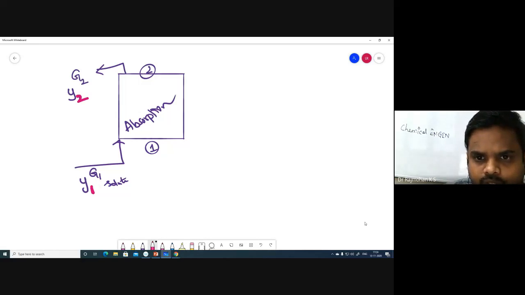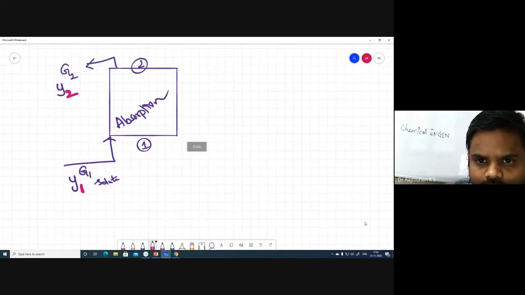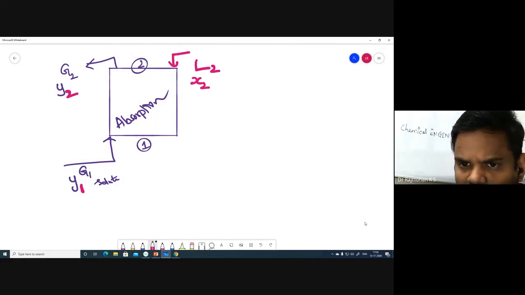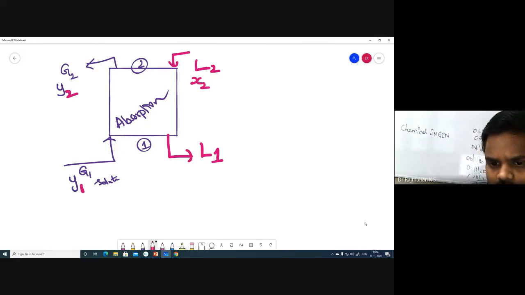Similarly, we have a liquid stream L2 entering, which has mole fraction of solute A, X2, and a liquid stream leaving, L1, with solute mole fraction X1.